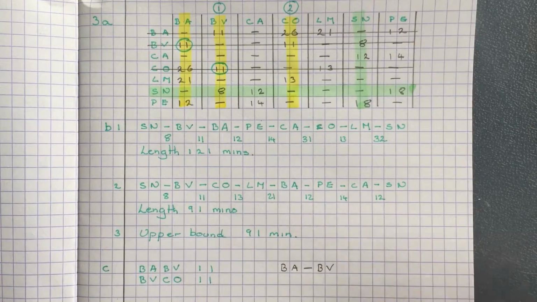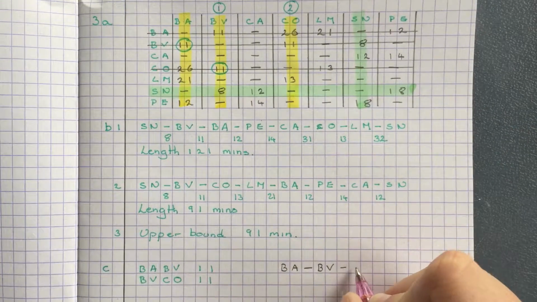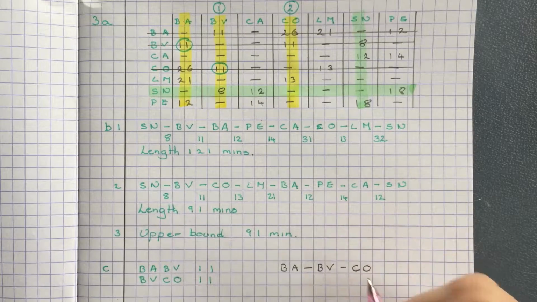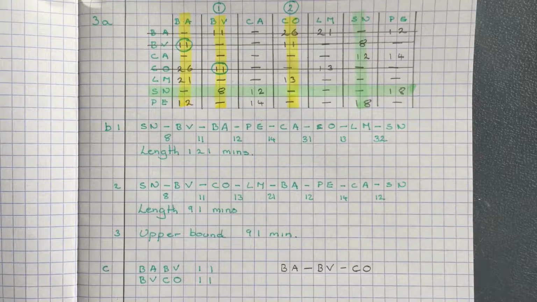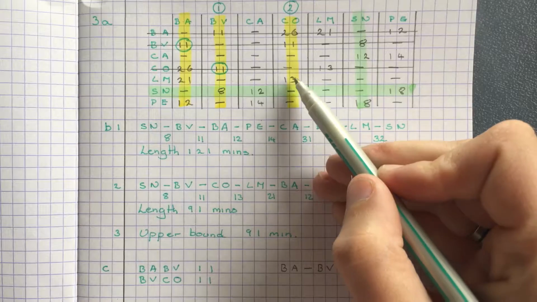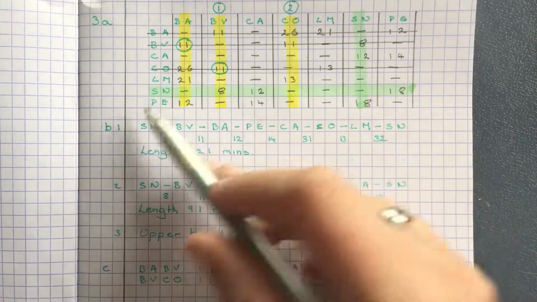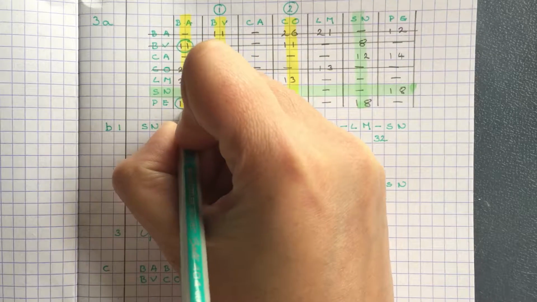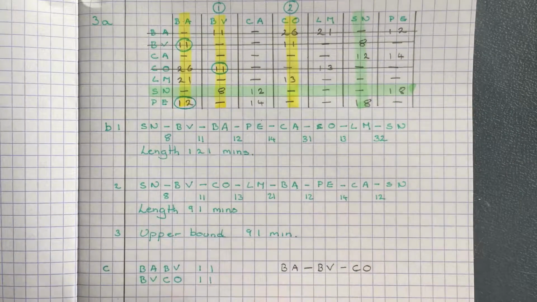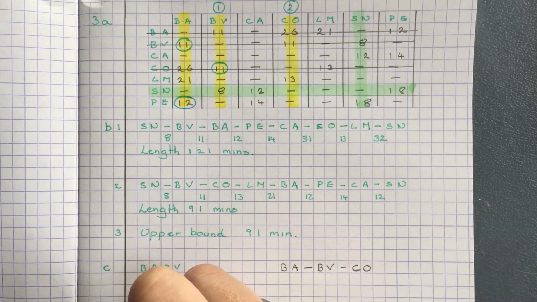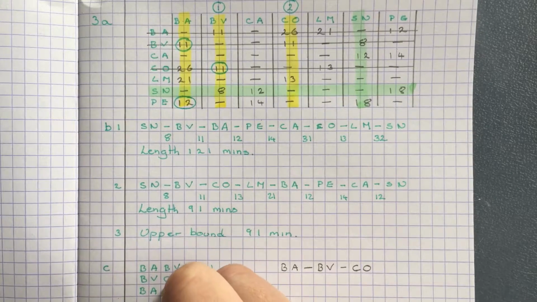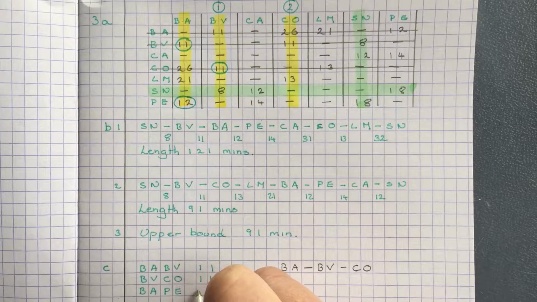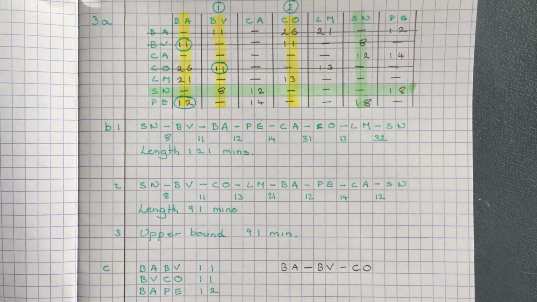And if you're a person that adds it in on your network, then we've now got CO as well. Right, so we are looking for the smallest thing that is highlighted and not crossed out. Although we've got this 13 that we've just highlighted, there's actually a 12 all the way back over here that we can use. So we end up with BA is also going to PE, and that is 12.